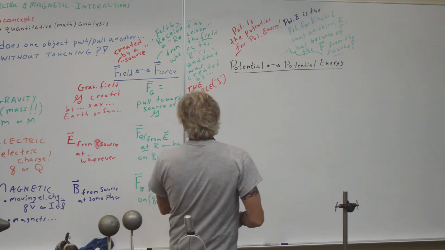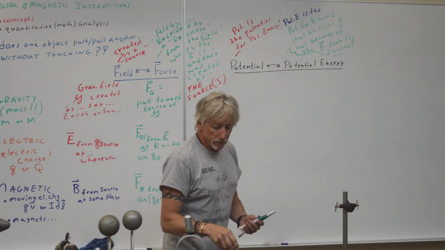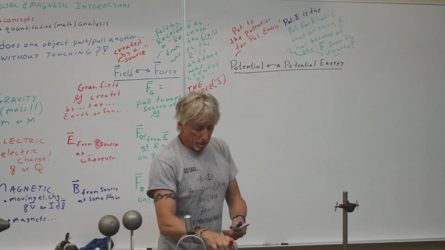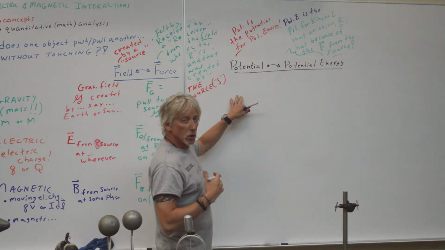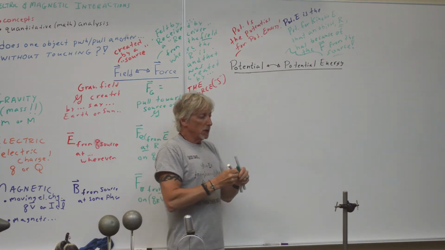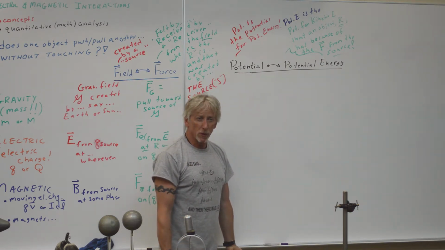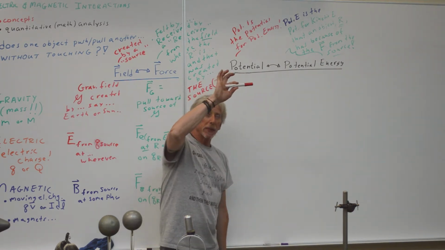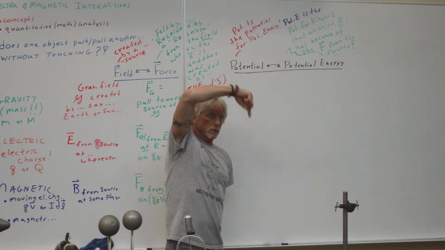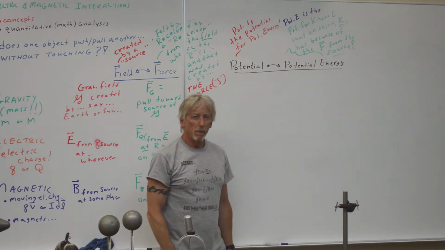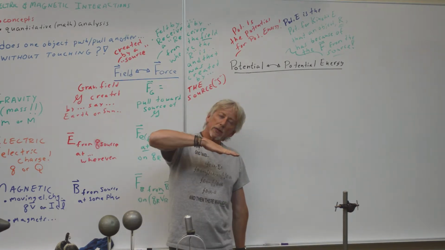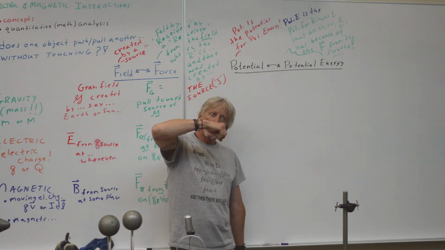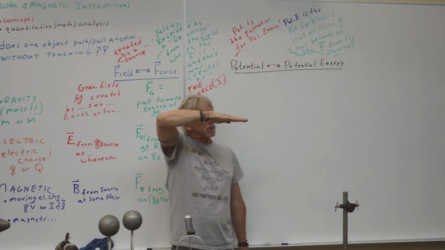So let's do gravity. I can look at gravity, I can look at shelves. Think of shelves. Earth is pulling down with the force of gravity, only if something is there. Otherwise, there's a field. I can just as well talk about, instead of forces and fields, I can say that there's a potential.